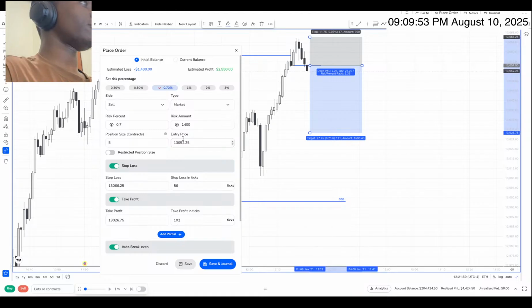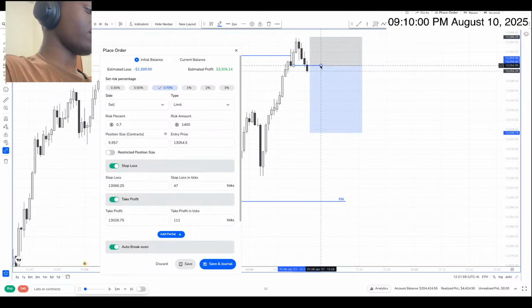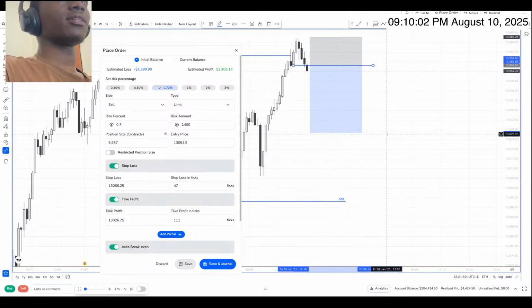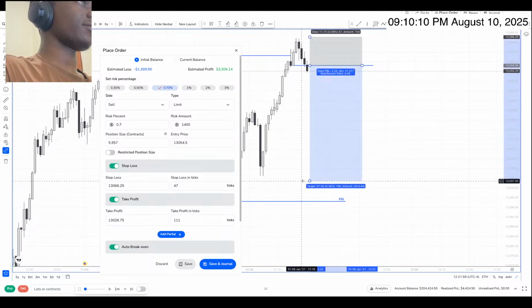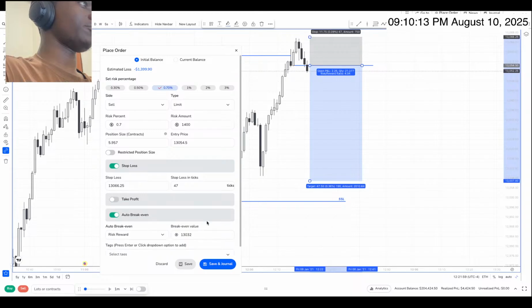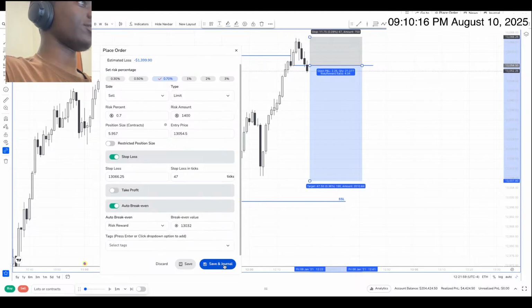Now I'll sell limit the moment we touch this right here, 13,054.5. 13,054.5. All right, let's risk that and keep TP open. Let's save and journal this.